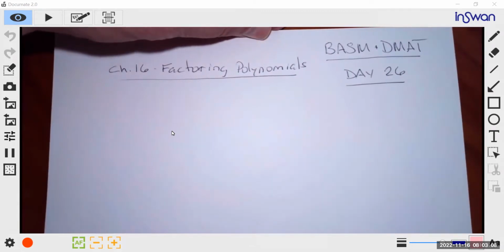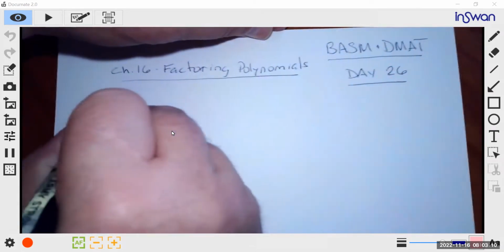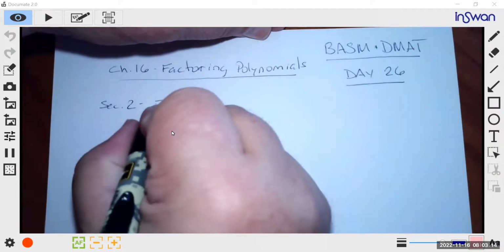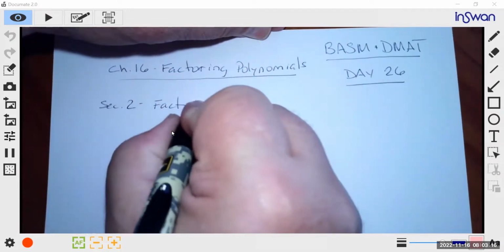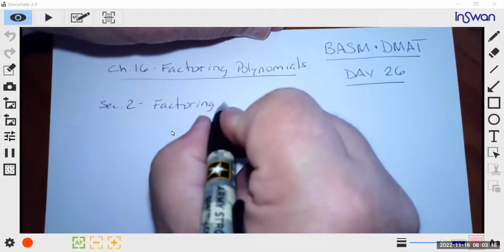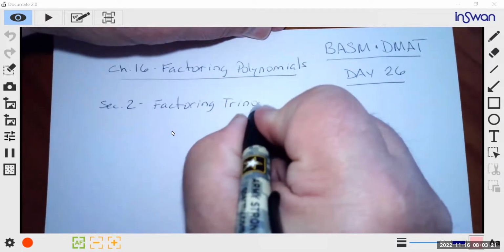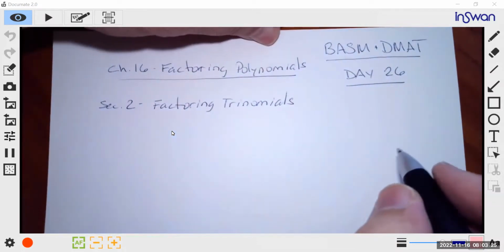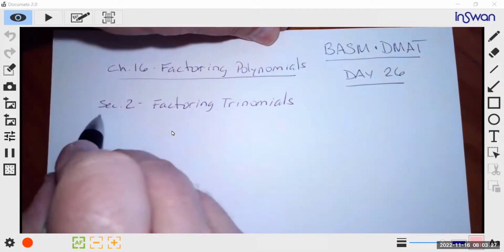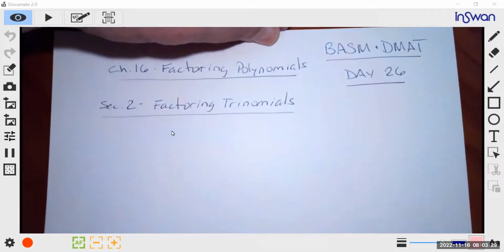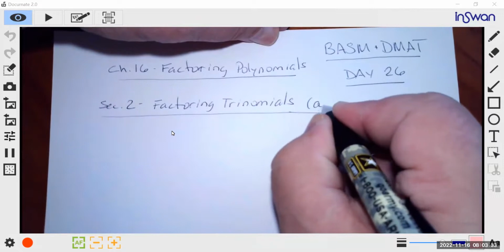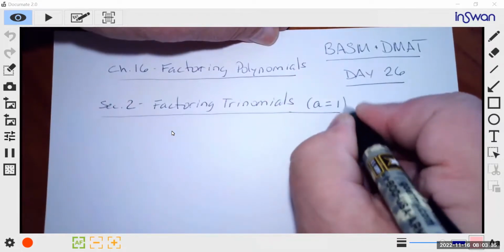We just said, what they had in common, we take it out. In section 2, that's where we start looking at factoring trinomials. More so, there's a specific form of trinomial: trinomials with a equals 1.